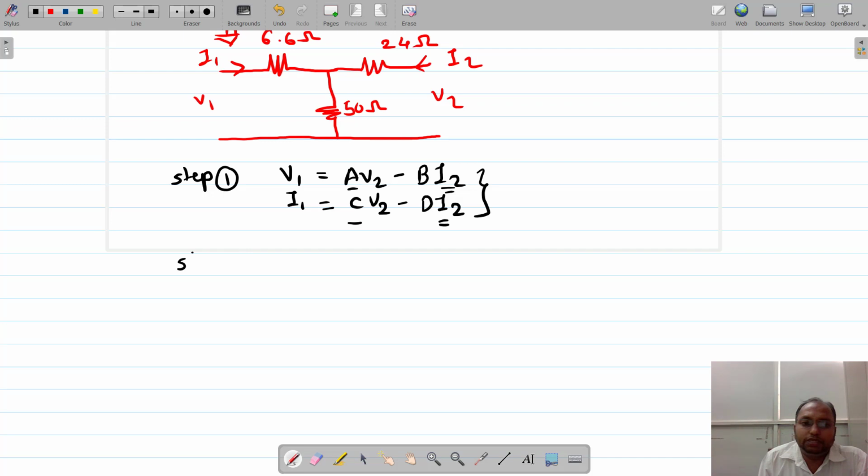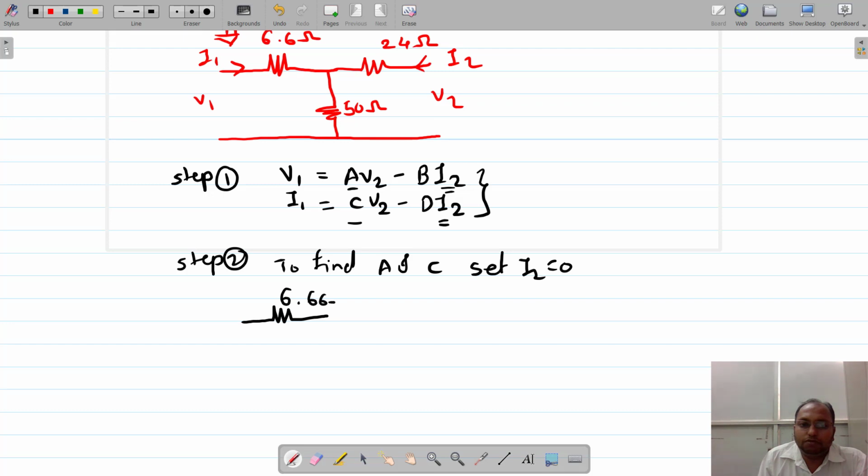So step number 2 is to find A and C, set I2 equal to 0. Once I set it to 0, then that 24 ohm resistor will not be in the picture. So this will have the 6.66 ohm, then the parallel arm resistor, that is the 50 ohm resistor, will be in the picture.